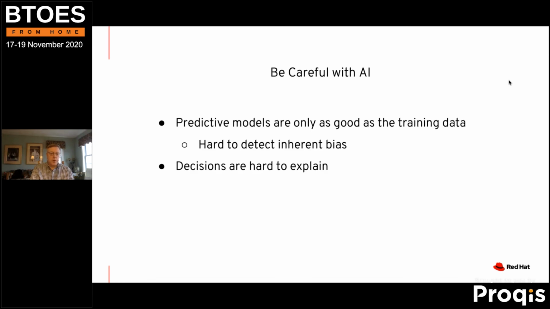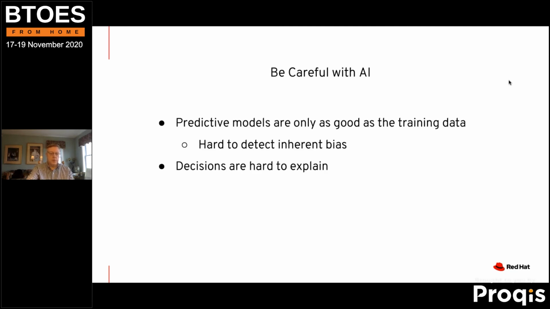Also, decisions made by predictive models are very hard to explain. There's a tremendous amount of research going on right now into how we can make predictive models explain how they got to a particular decision. But if you're making a credit decision, for example, typically a bank is required to be able to explain why they deny credit if they are unable to accept an application.